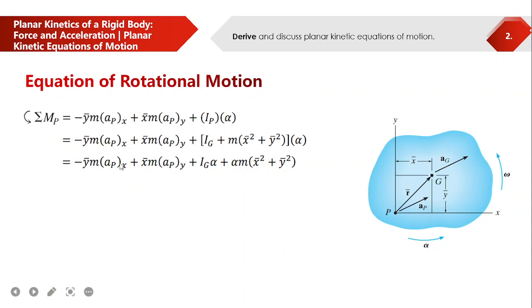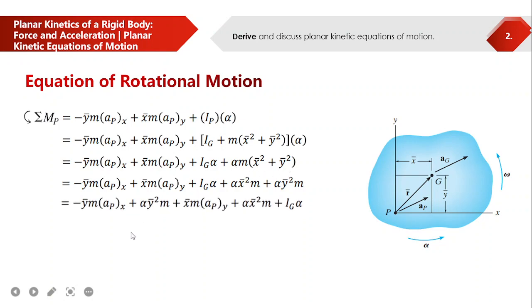Then we simplify. We distribute the angular acceleration to each term, and distribute the mass to each term in x bar squared plus y bar squared.